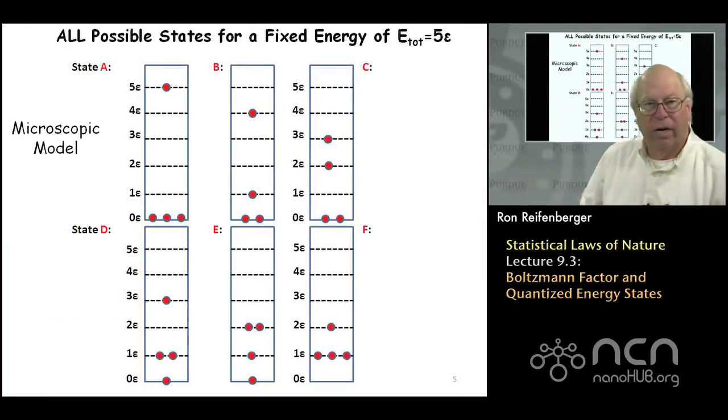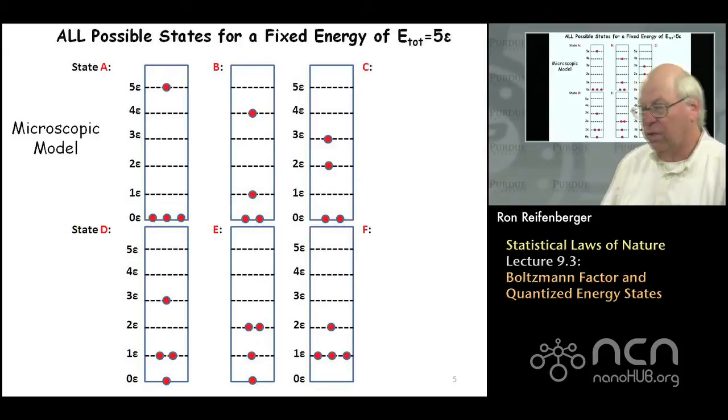So in order to calculate these probabilities, we first have to identify all possible states that have a fixed total energy equal to 5 epsilon. I don't think there's an easy way to do this. You basically have to sit down and start trying different configurations of particles in different energy levels. And after a while, you start to get a sense of what's going on.